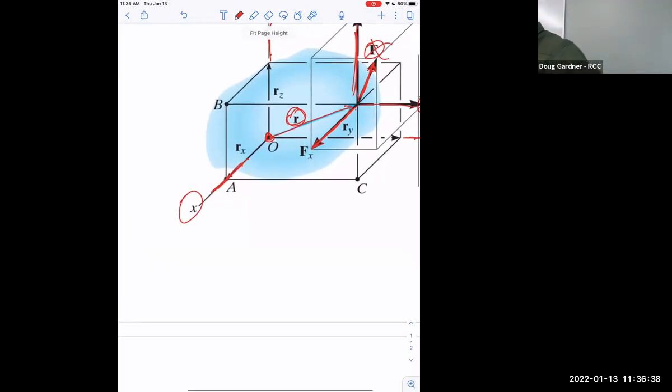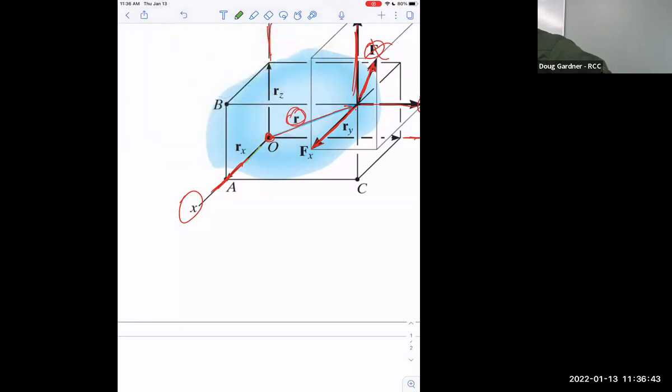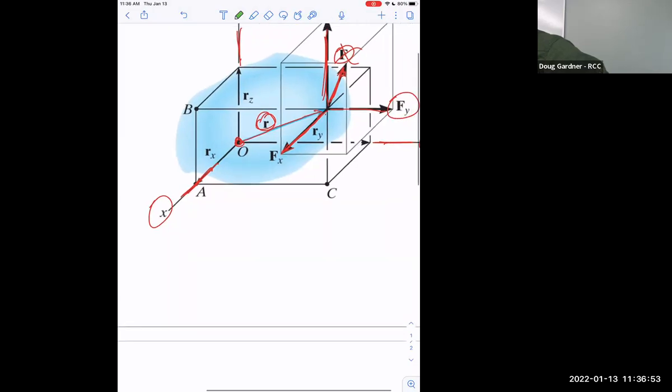We've got to break R into its components, R of X. Let's see, where is R of X? Notice this box actually helps us. Do you see what the box is doing? It's like, how long is distance X? It actually goes to right there. Why is that?